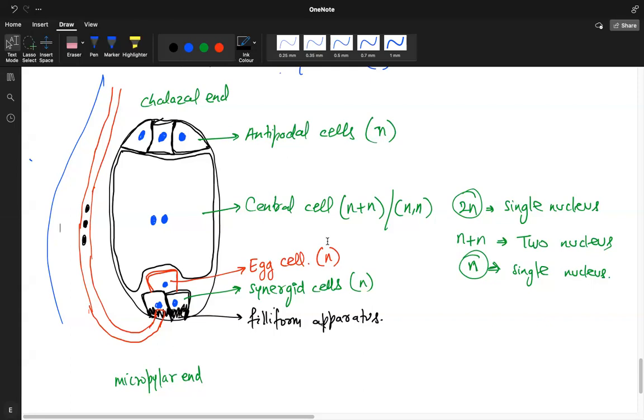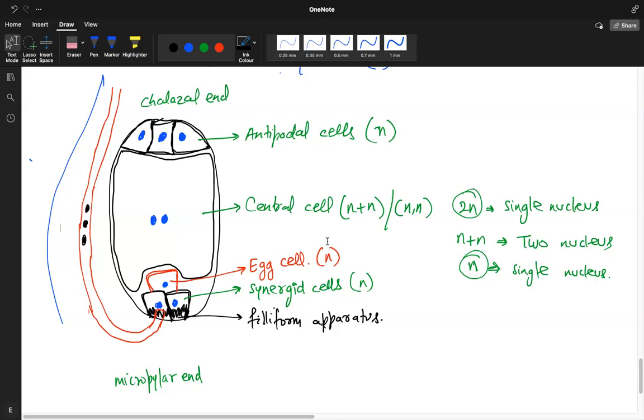So the point is, all these cells are haploid, correct? Am I audible, people? The synergid cell wall, the filiform apparatus itself, acts like that.